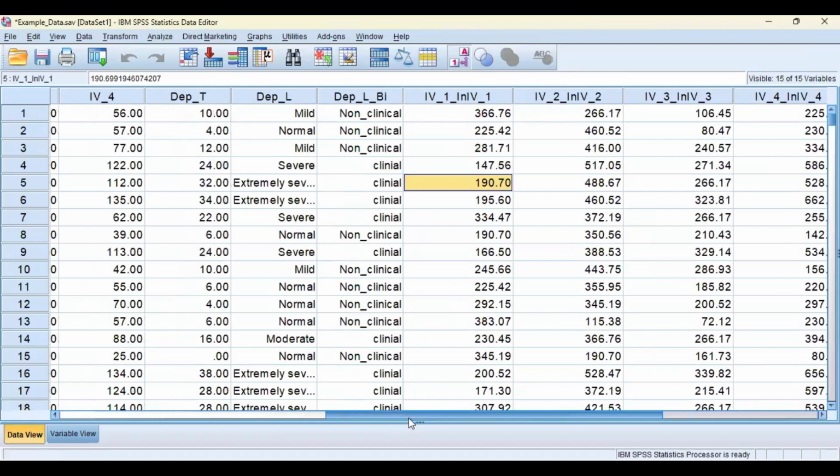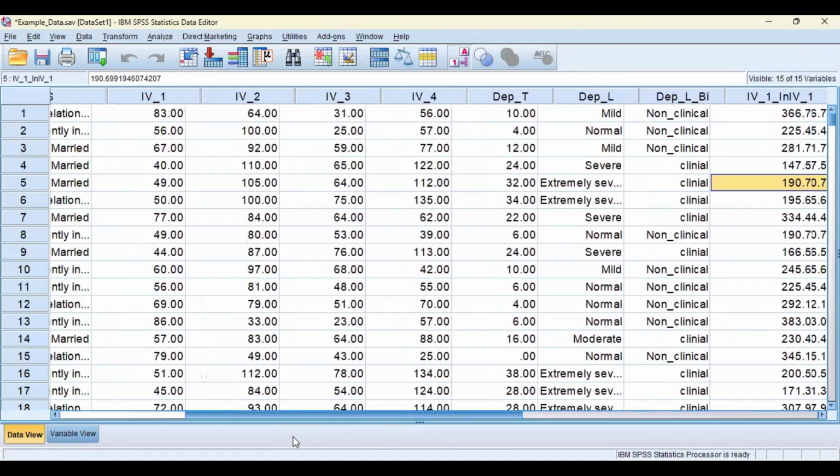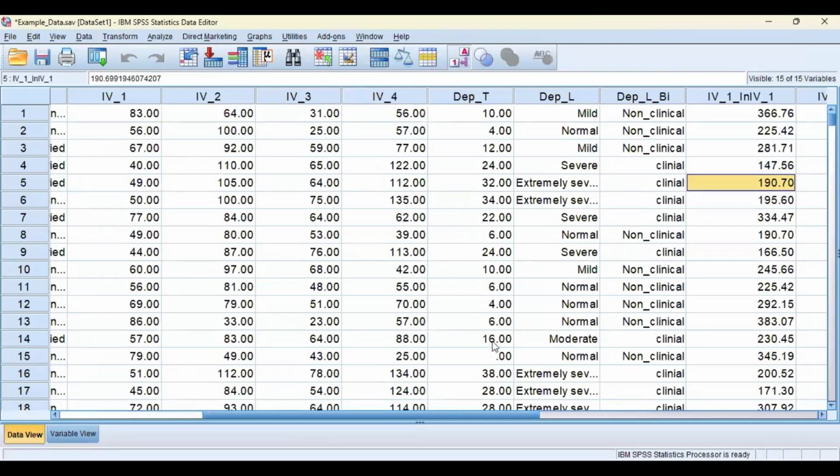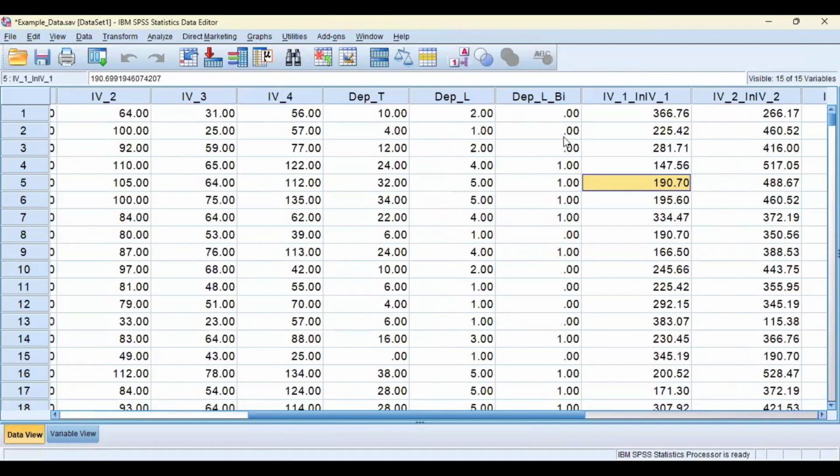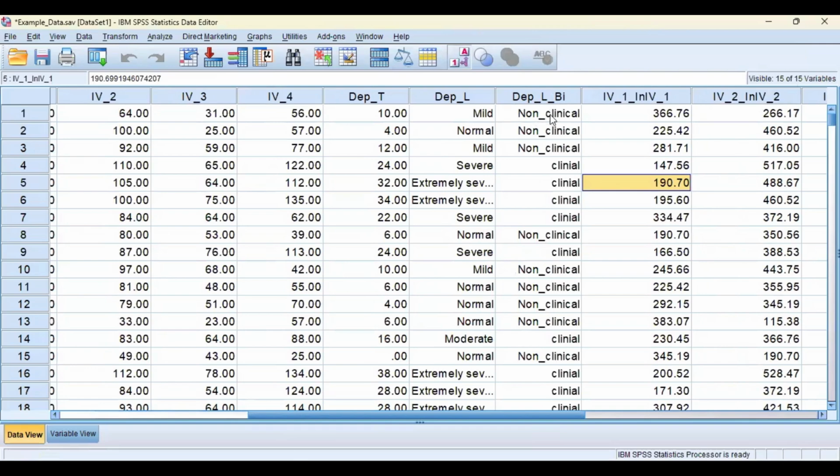This is the binary DV that I included in the analysis. If I don't label it, you can see it's 0 and 1, where 0 is non-clinical and 1 is clinical.